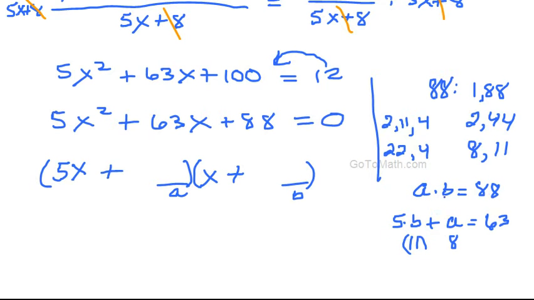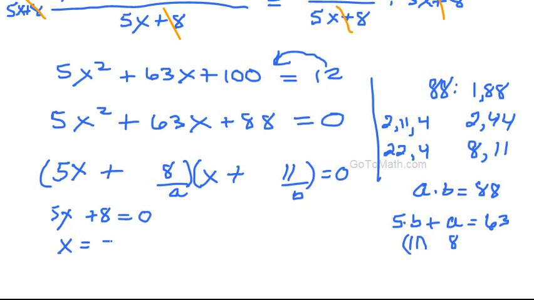Okay, so this is kind of a way of doing this to help organize your thoughts. B was 11 and A is 8. Now if you set both of these factors equal to 0 and solve for x, we should be done.